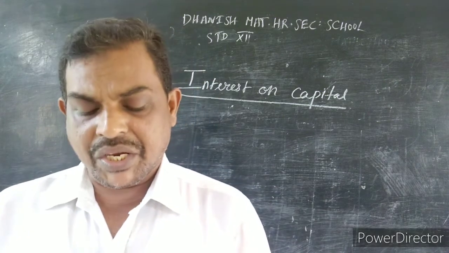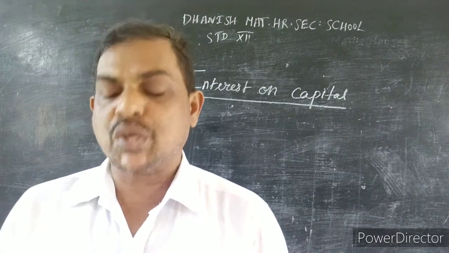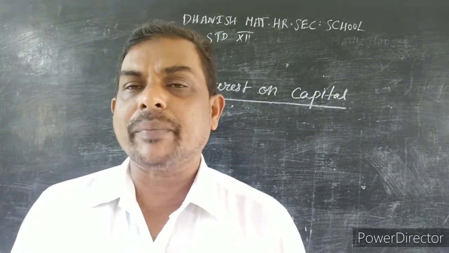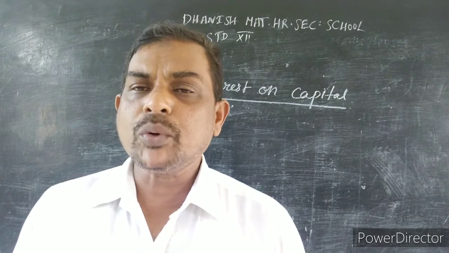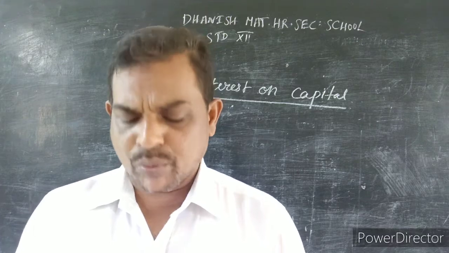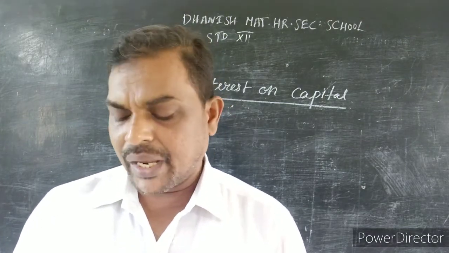Mannan and Ramesh are sharing profits and losses in the ratio of 3:1. This 3:1 is nothing but they have contributed capital in this ratio only: 3 times the capital contributed by Mannan, 1 times the capital contributed by Mr. Ramesh.